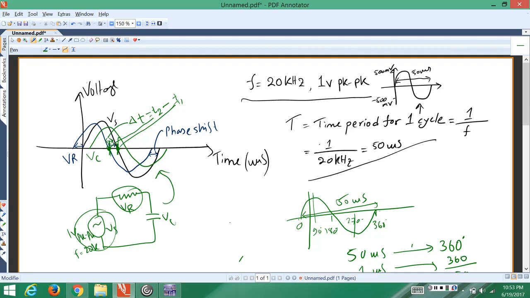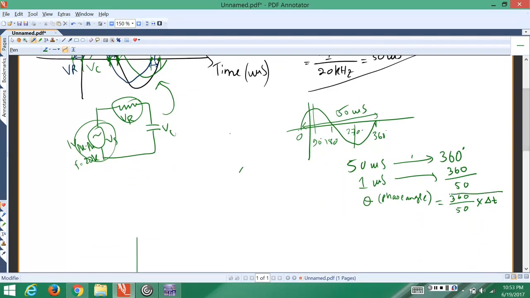I'll use my cursors to find these two time readings, and you can place the cursors anywhere. It could be measuring this difference, or it could be measuring this difference, whichever is convenient. The idea is to find this del t, which can be later used in this formula. Another way of simply expressing this is del t divided by your time period for one cycle times 360. That's the same, and that would give you your theta, your phase angle or phase difference.